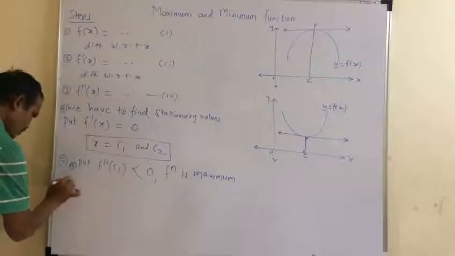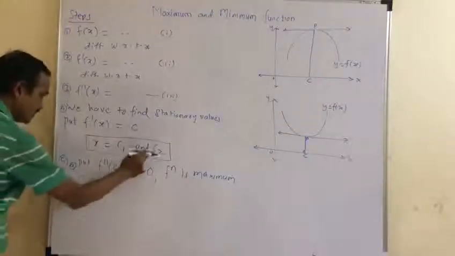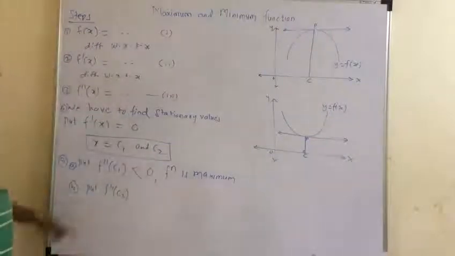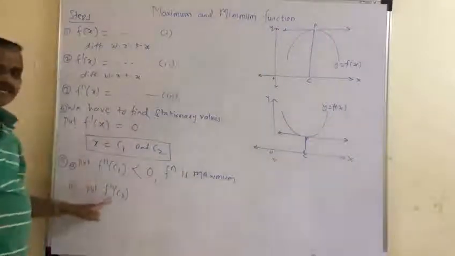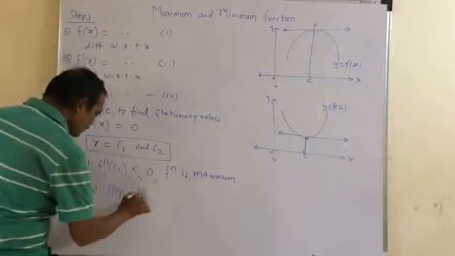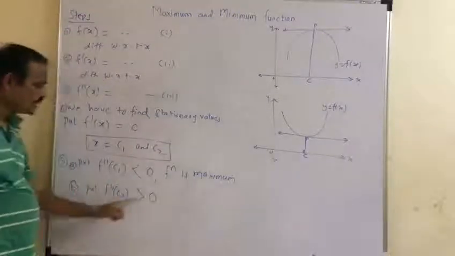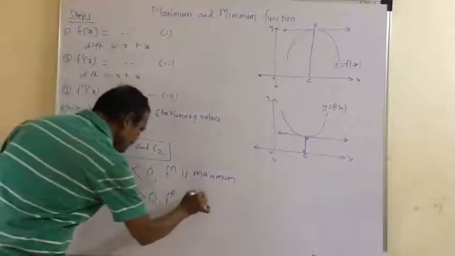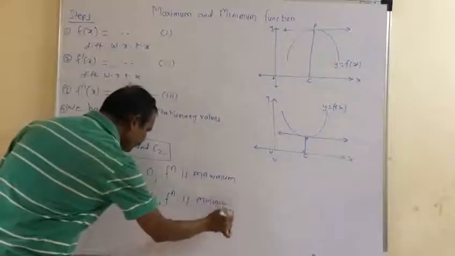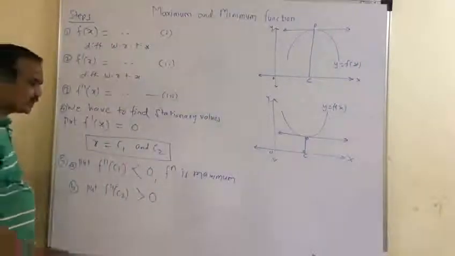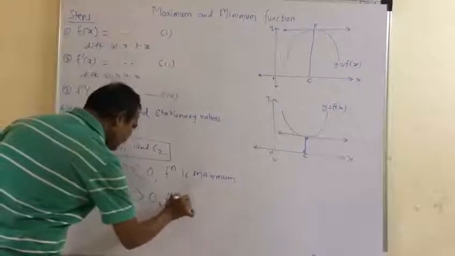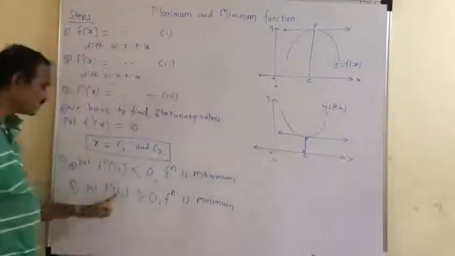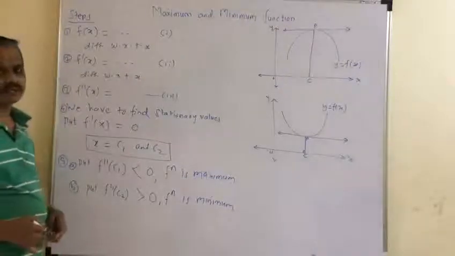Now also we put the second value in equation 3, that means f double dash of c2, and if this value is greater than 0, then we say the function is minimum at x is equal to c2.